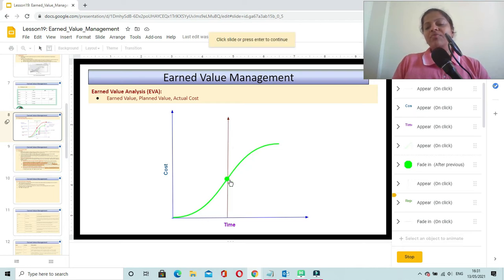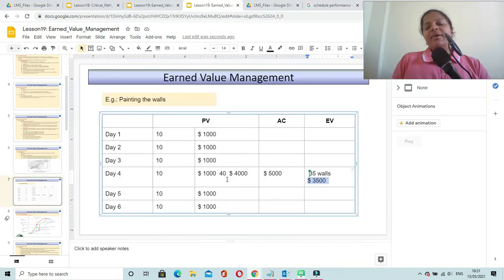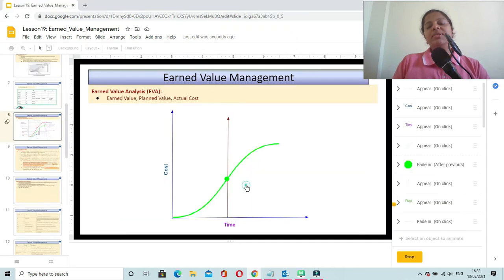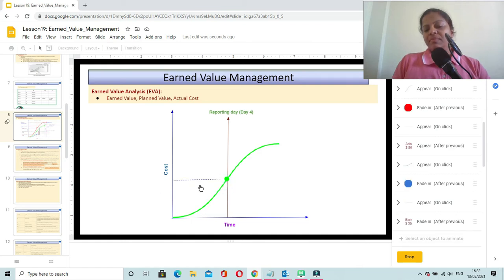This green dot indicates day 4, and the amount that the team should have consumed by day 4 is $4,000. So the planned value for your project by day 4 is $4,000.